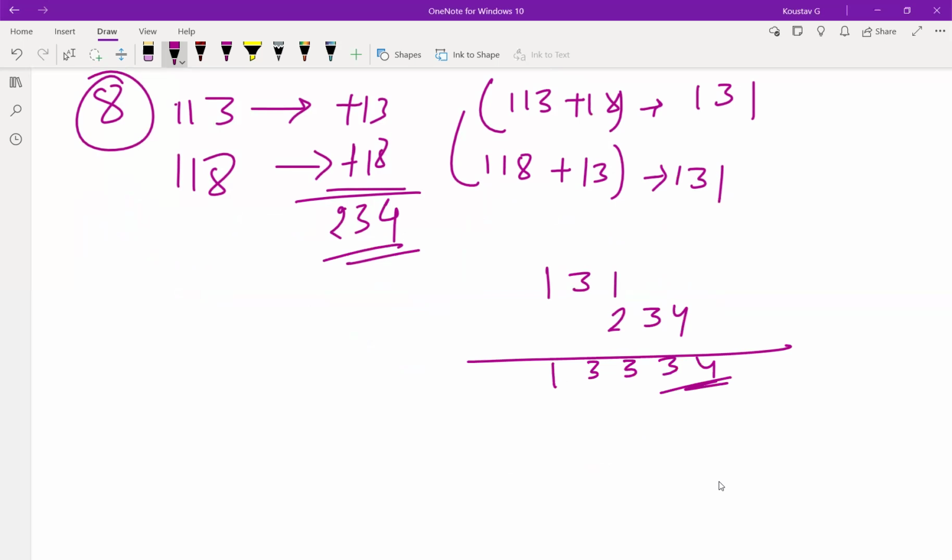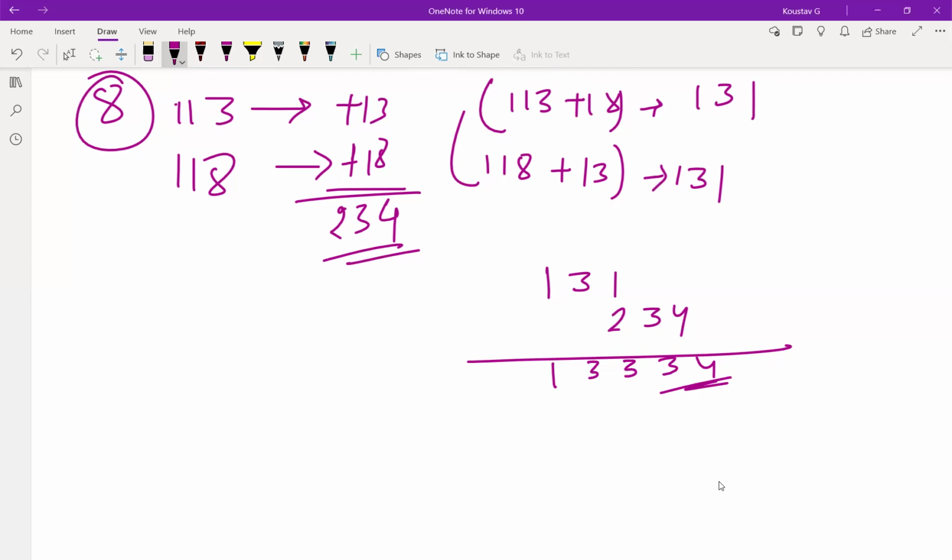Clear? The first part of the answer is the cross total of 113 and plus 18, which is 131. The second part of the answer is the product of the deviations, plus 13 and plus 18, which is 234. But there should be as many digits in this product as the number of zeros in the base, which is 100 here.